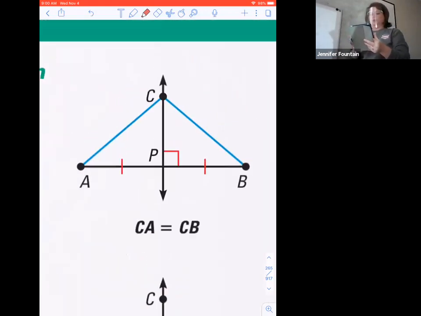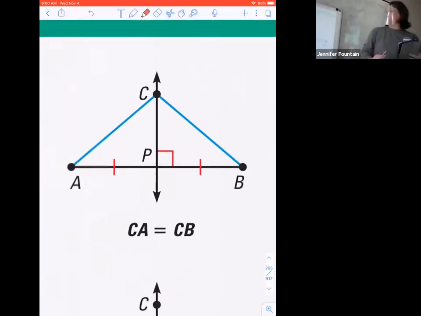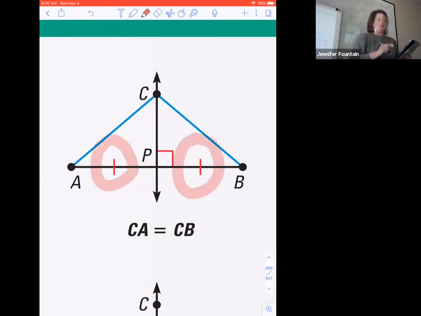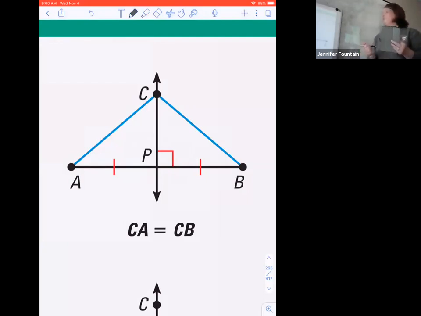If I'm looking at this triangle, they have told me that these two sides are congruent, right? Everybody following me so far? They've told me that this side and this side are congruent. Now, what else do I know from this drawing? What else did they not specifically tell me that I can know by looking at the drawing? 90 degrees. Okay, so I know that each side is going to be 90 degrees.